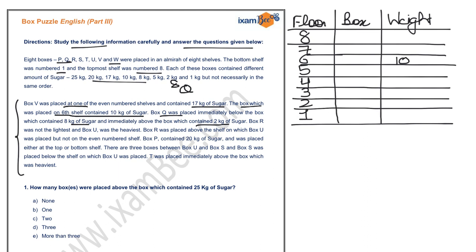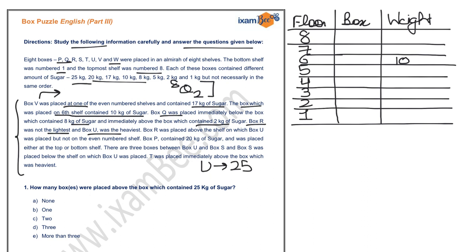And it is immediately above the box which contained 2 kg sugar. So you can write a small hint over here. Similarly for V you can also write a small hint. Now box R was not the lightest, right? And box U was the heaviest. Now the heaviest among all is 25 kg. That means you must have the 25 kg weight, right?